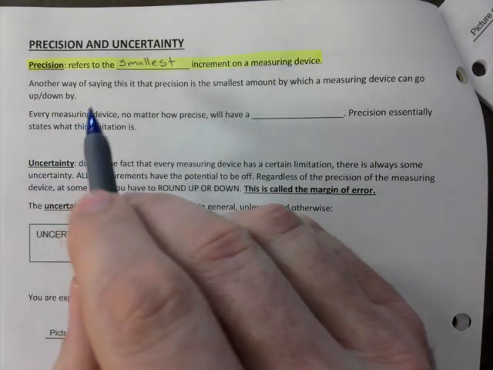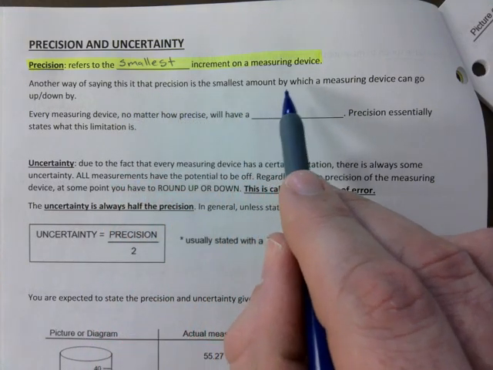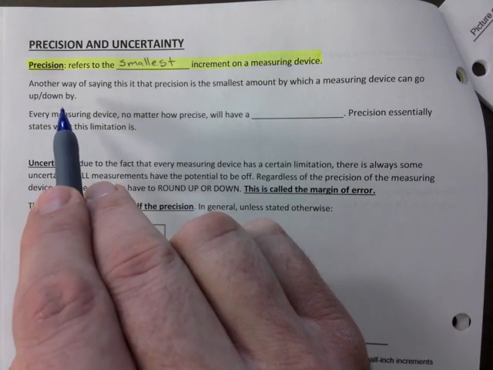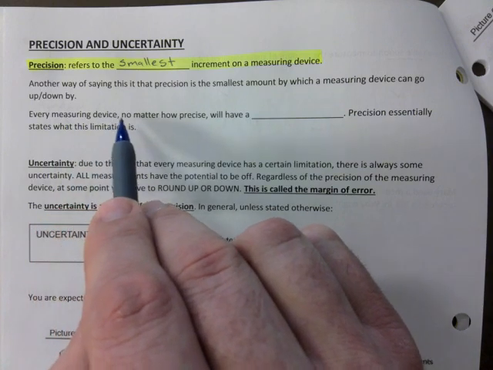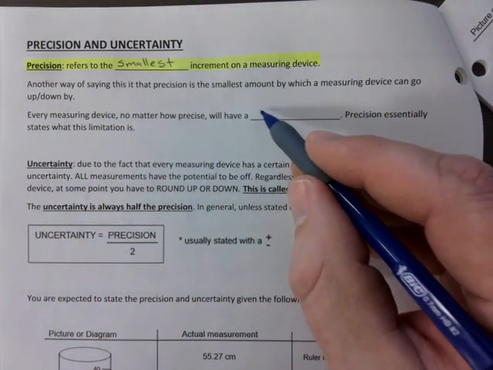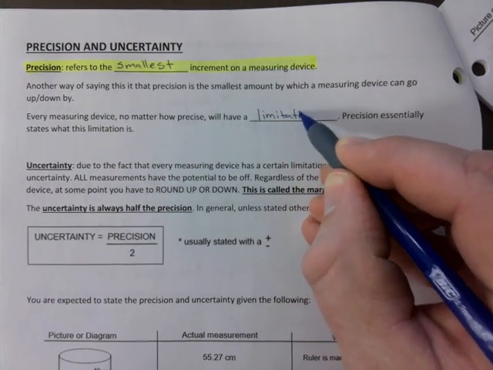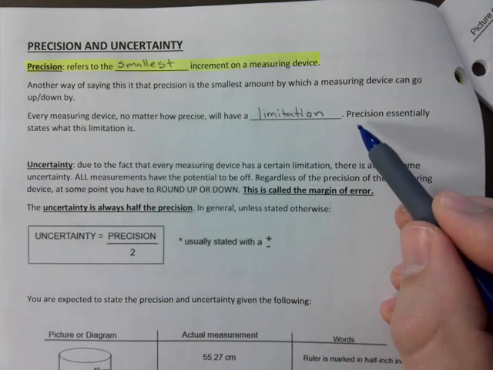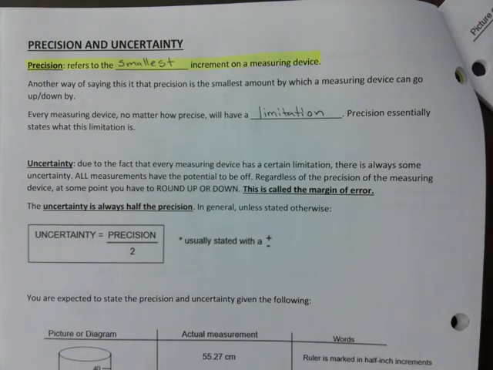Okay. Another way of saying this is that the precision is the smallest amount by which a measuring device can go up or down by. Every measuring device, no matter how precise, will have a limitation. Precision essentially states what the limitation is.